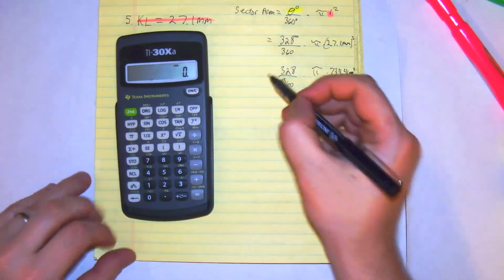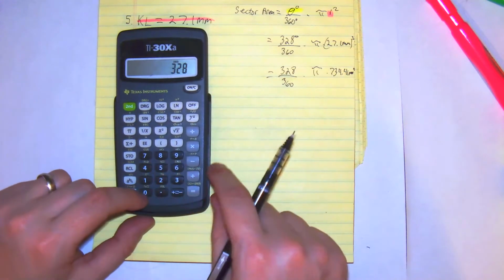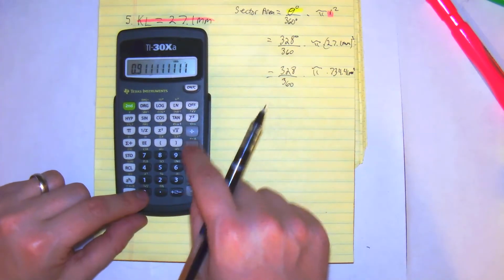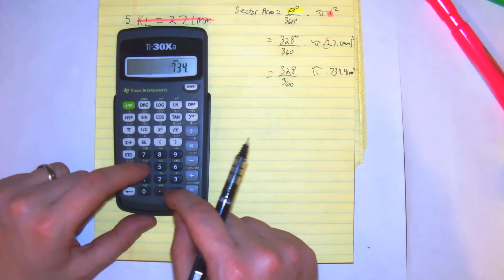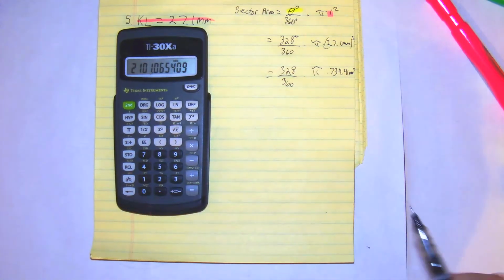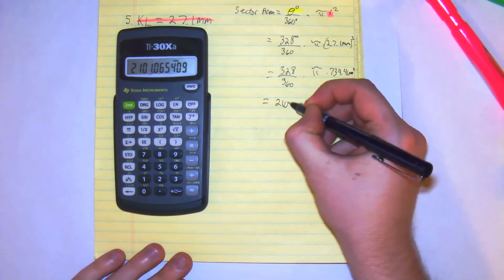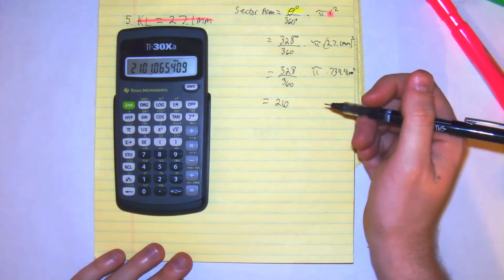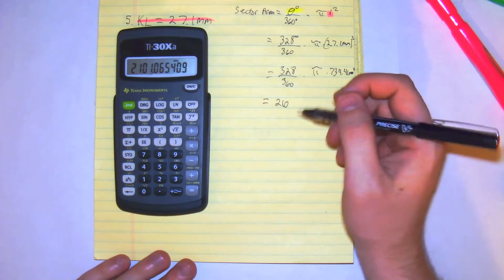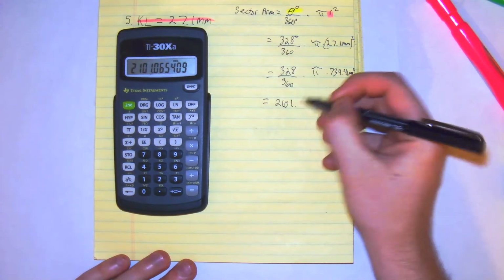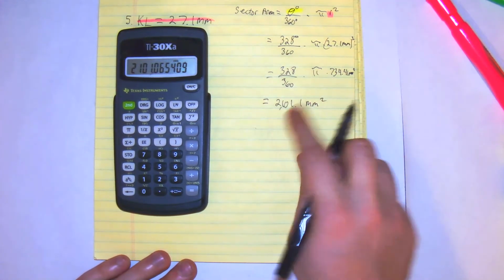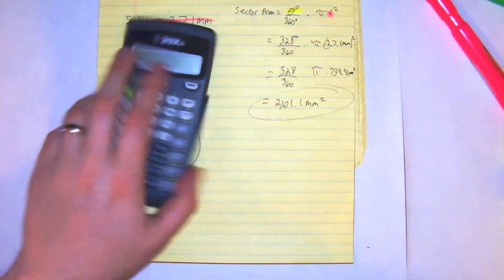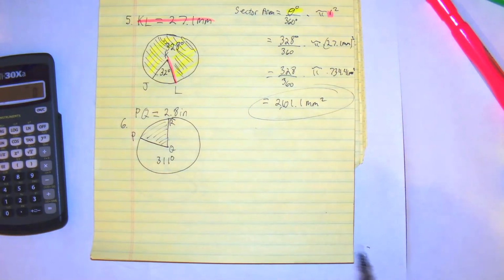From here, we're just going to go left to right to get our answer. 328 divided by 360 equals times 3.14 times 734.41, and we get roughly 2101.1 millimeters squared. And that's for number 5.